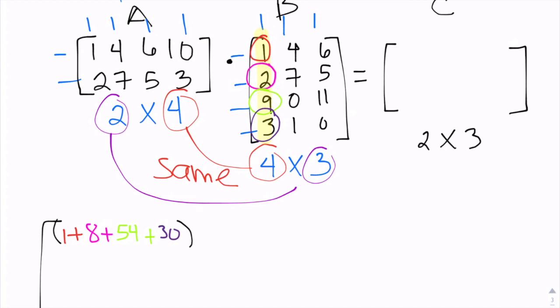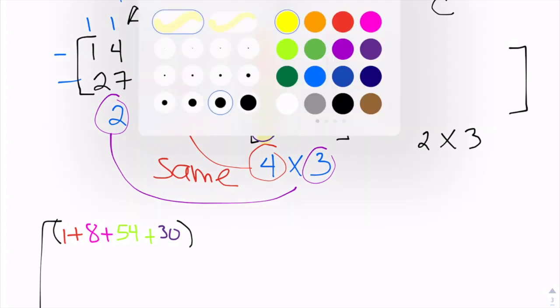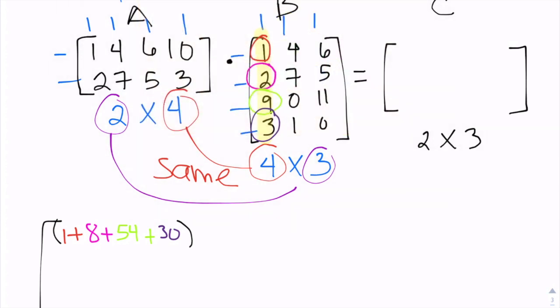So now we're going to move on, and we're going to do row 1, column 2 of matrix C. So we're going to take row 1 times column 2. And so let's go through this again.